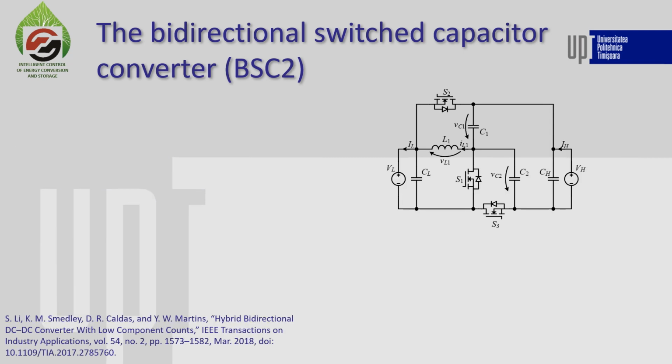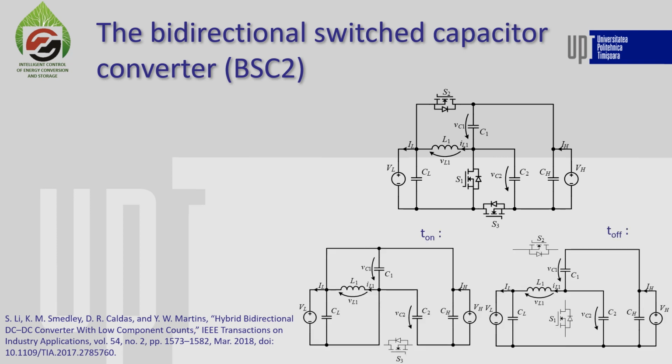Next, we have a different switched capacitor converter. Here, one of the two intermediate capacitors is connected to the low voltage input, and then is connected in series to the other capacitor at the higher voltage input.